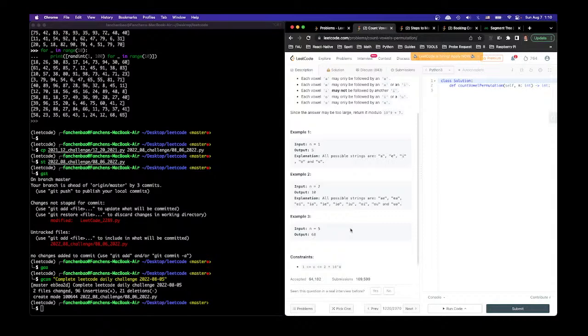Do I have a... trying to see if there's a pattern so we can figure it out faster. Then I need two arrays, right? There's gotta be a way to do it faster.